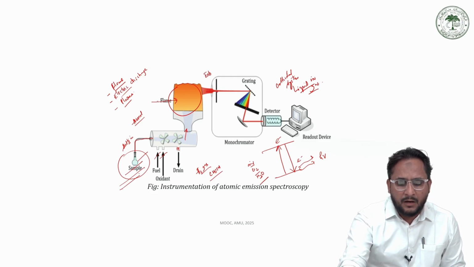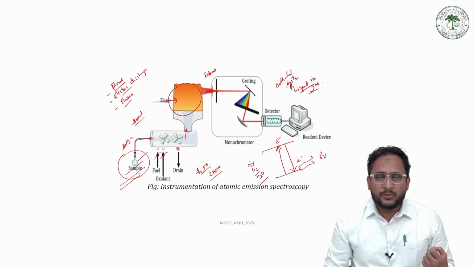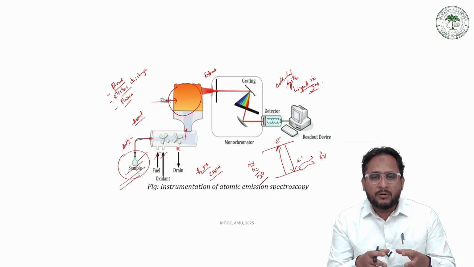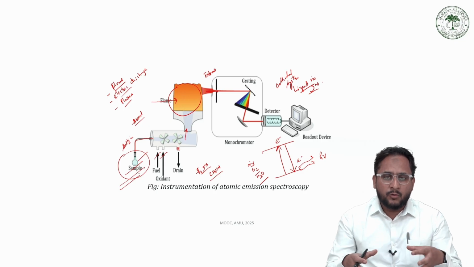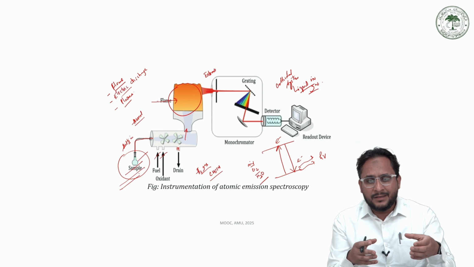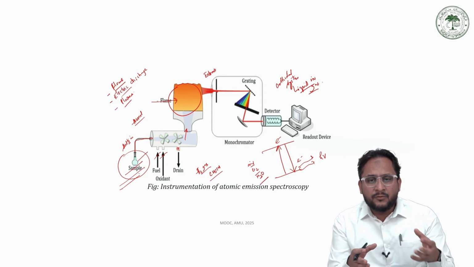Then these photons enter into the monochromator by an entrance slit. Now you are aware of all these technical words. What is a monochromator? I have already explained in the previous lecture of atomic absorption spectroscopy. So you all are aware about the monochromator and how it is formed by using an entrance slit and an exit slit, along with a few mirrors like a collimating mirror and a focusing mirror.